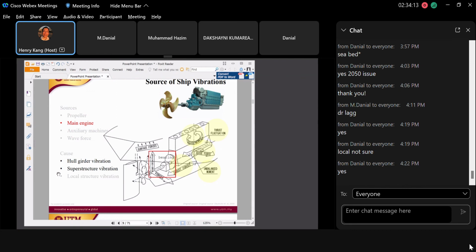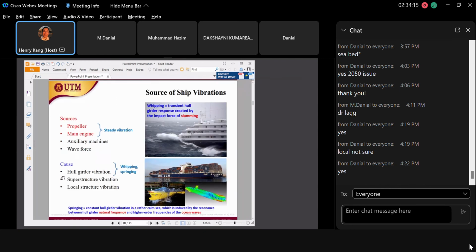Then let's see the sources of the vibration. Just now we were talking about the propeller and the main engine, which cause vibration. But we also have some forced vibration which comes from the wave. Even though the wave is not directly in this part, when I designed this PPT, I also put the wave force here.